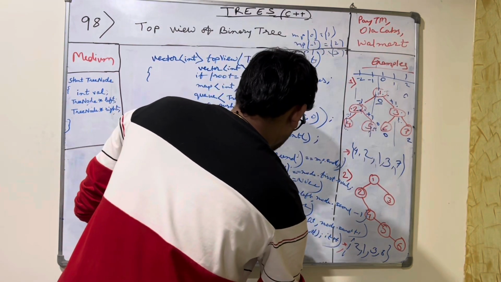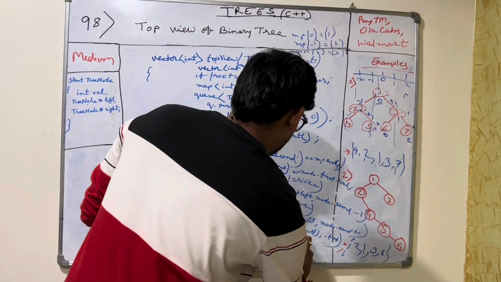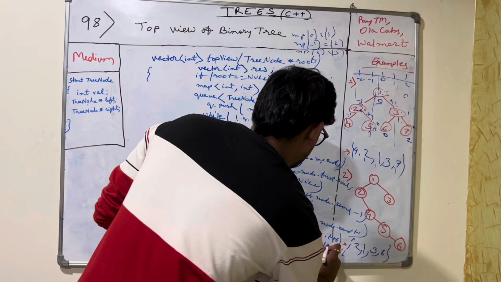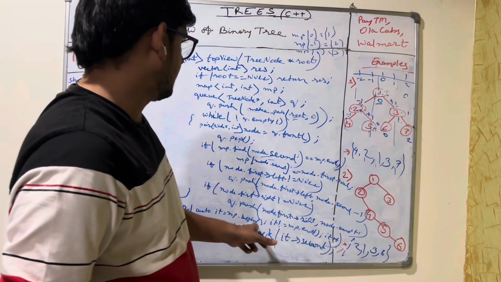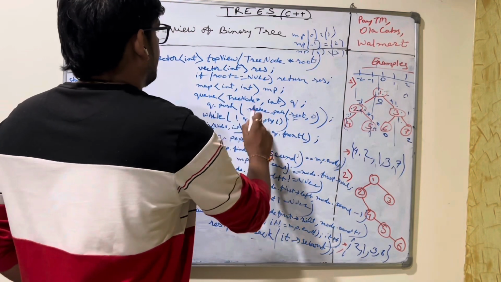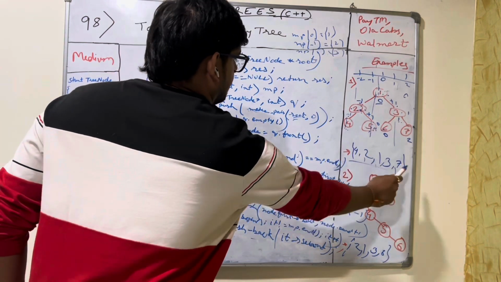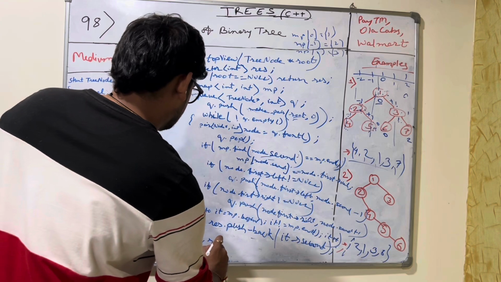So it dot second we will push into the result. Since it's an ordered map, it would start from the left part, and we'll get all the values, like this 4 to 137, and then we can return result.